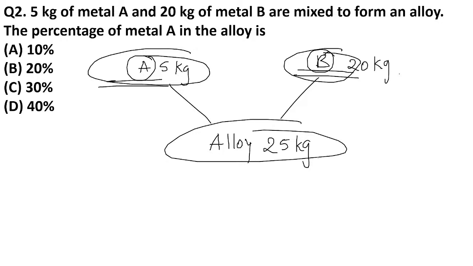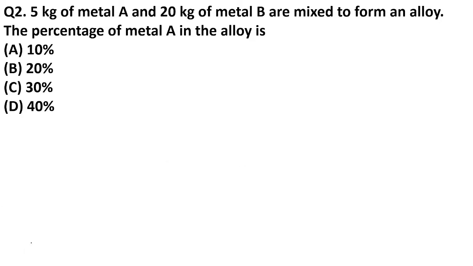A very simple question it is, students. Look here. 20%. Only one student has replied with the answer. This is one metal. This is the other metal. Both are mixed together.